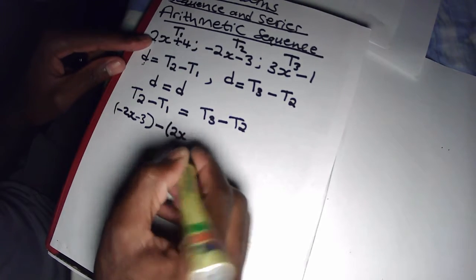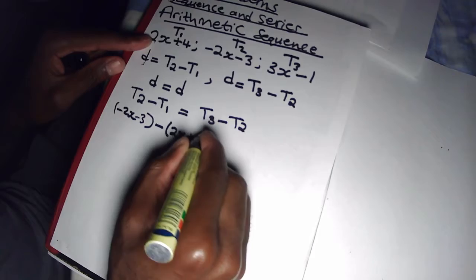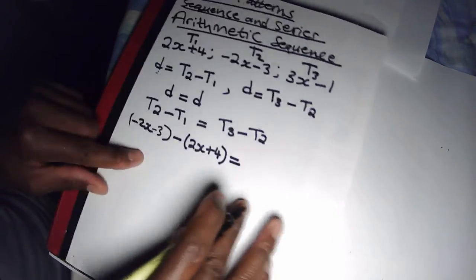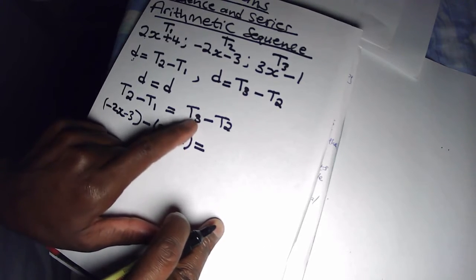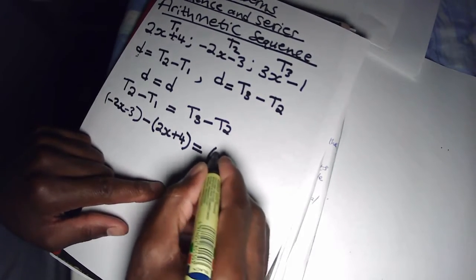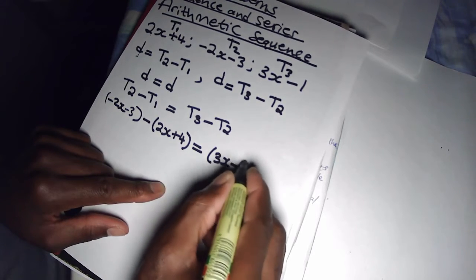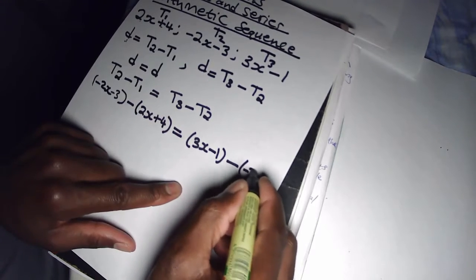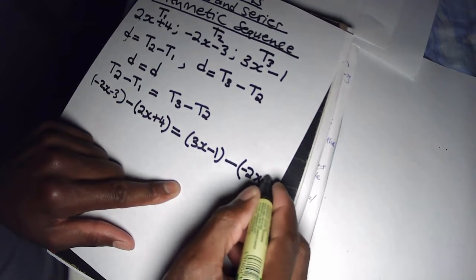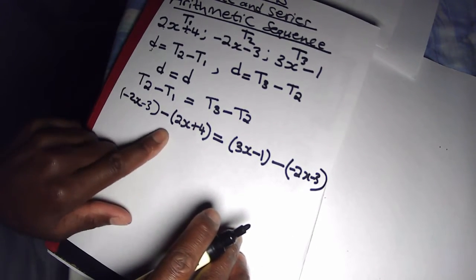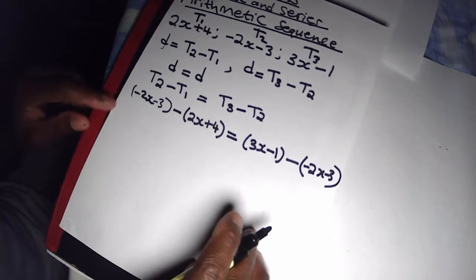T1 is 2x plus 4, close bracket, is equal to, I'm done with t2 and t1, so I'm going to sub t3 subtracting t2. What is t3? Using the parentheses, 3x minus 1. We subtract t2, that is negative 2x minus 3. We close it.